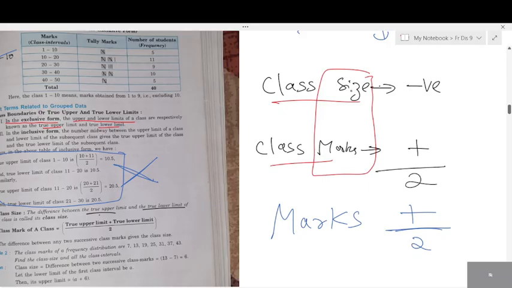Yes, didn't get any idea. Size and marks, you have to differentiate. Addition.